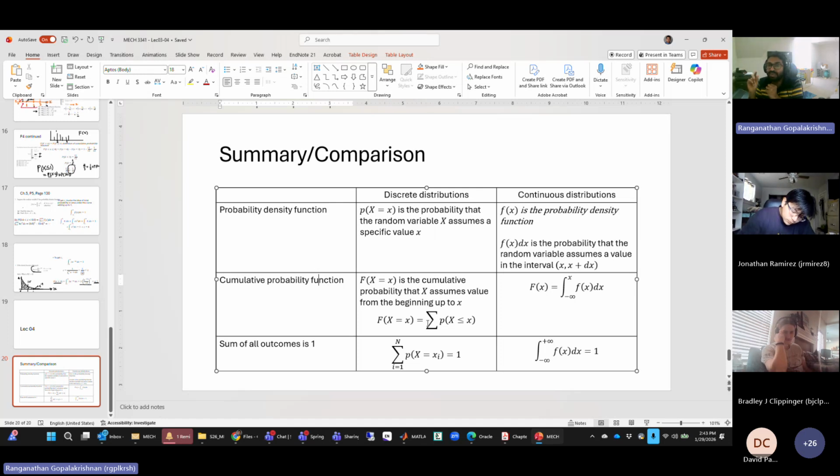What matters is a discrete random variable is defined as what? What is the defining characteristic of a discrete random variable? A discrete random variable assumes values that are in specific steps, like integer.